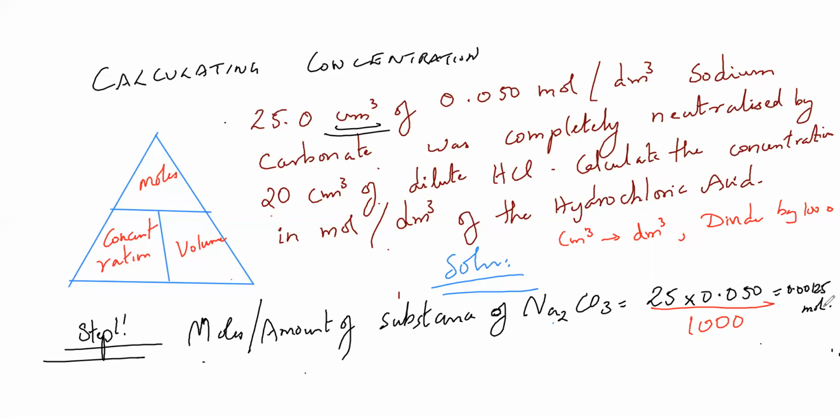Now coming to the next part. Completely neutralized by what? 20 centimeter cube of dilute HCl. Calculate the concentration in mole per decimeter cube of what? Hydrochloric acid. So how do we do this particular thing?